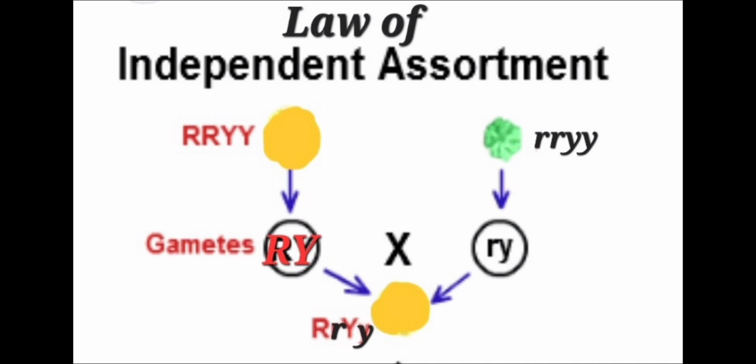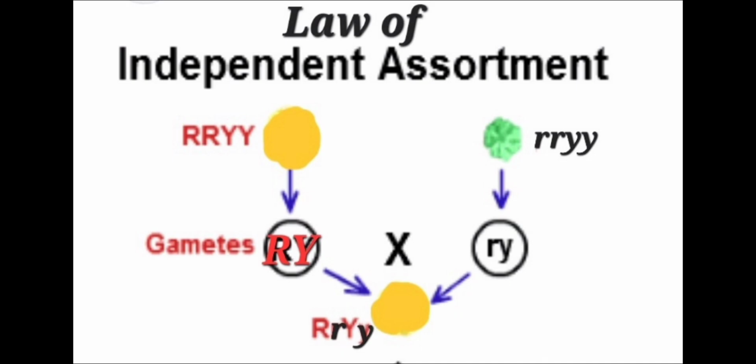The first parent has both dominant traits, that is capital R and capital Y, symbolizing rounded seeds of yellow color, and the second has both recessive features, that is lowercase r and lowercase y, symbolizing the wrinkled seed with green color.